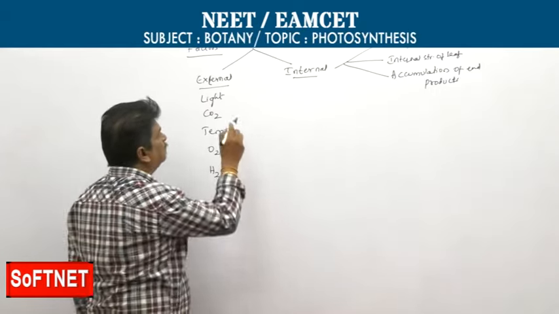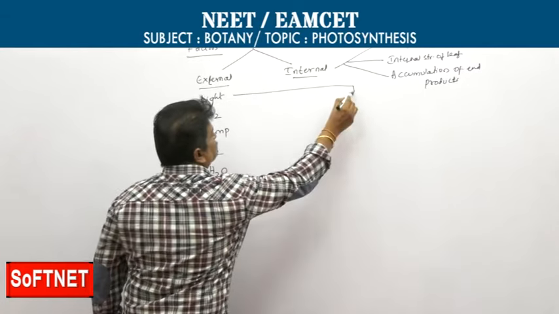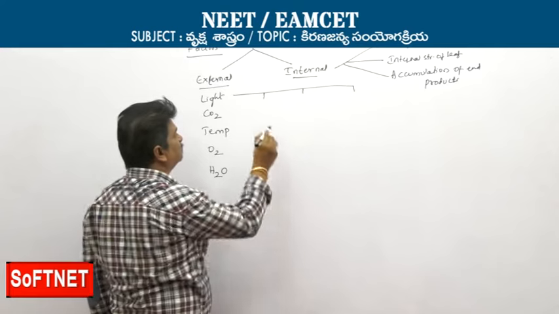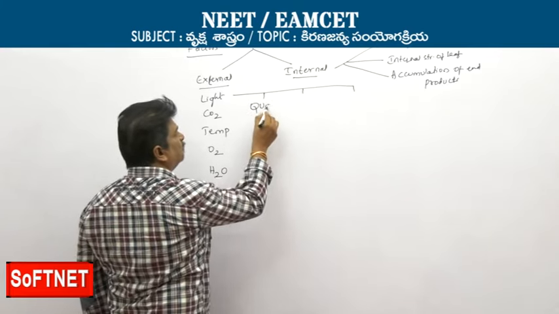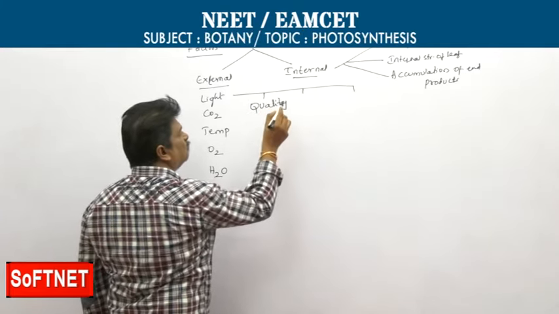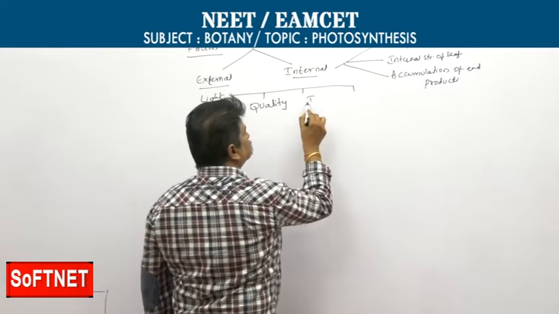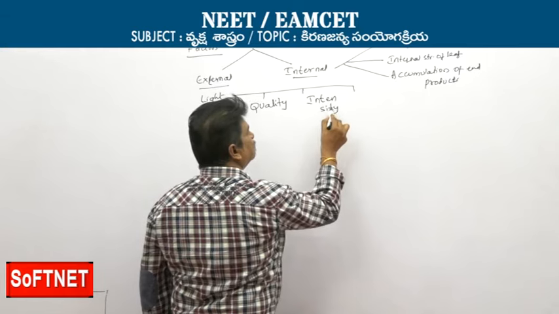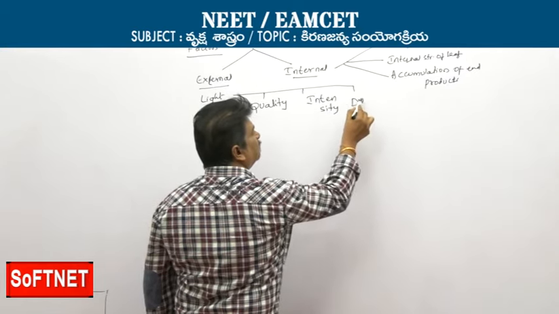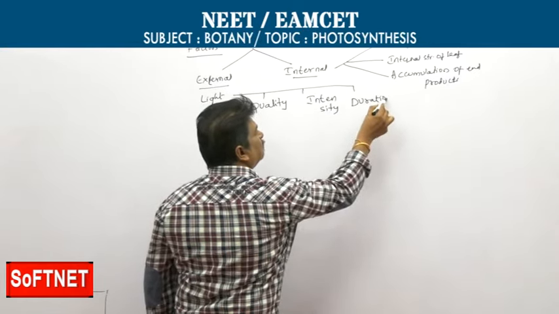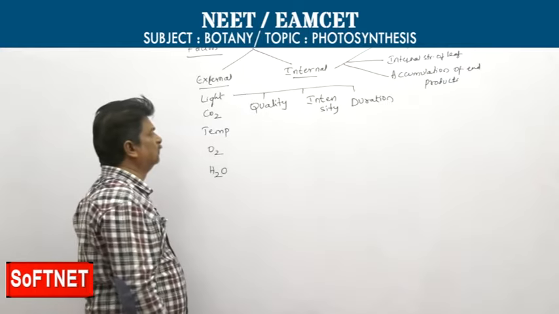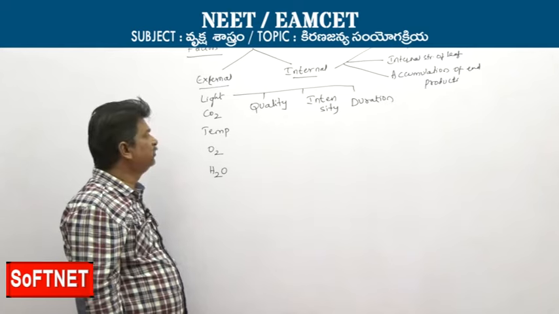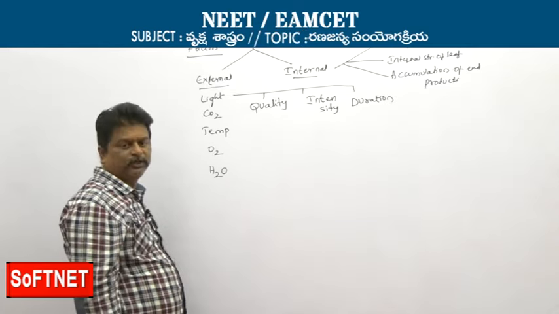So, first one, light. Light influences photosynthesis in three ways: quality, intensity and duration.